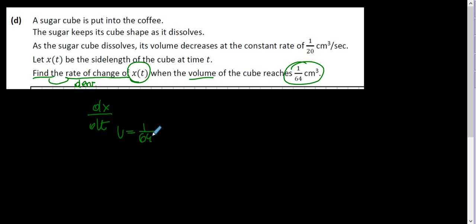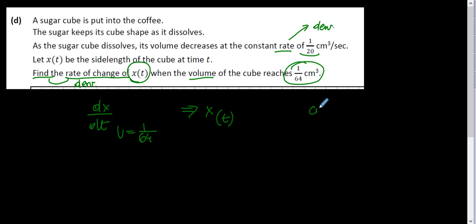So normally, how would we find a derivative and therefore its value? Well, we would take function x(t) and create the derivative of it. But in this question, we don't have a function x(t) given to us. But what do we have? We have a value here, and what does that value represent? It represents the volume decreasing at a constant rate. So that's our derivative given to us. What kind of derivative is that?